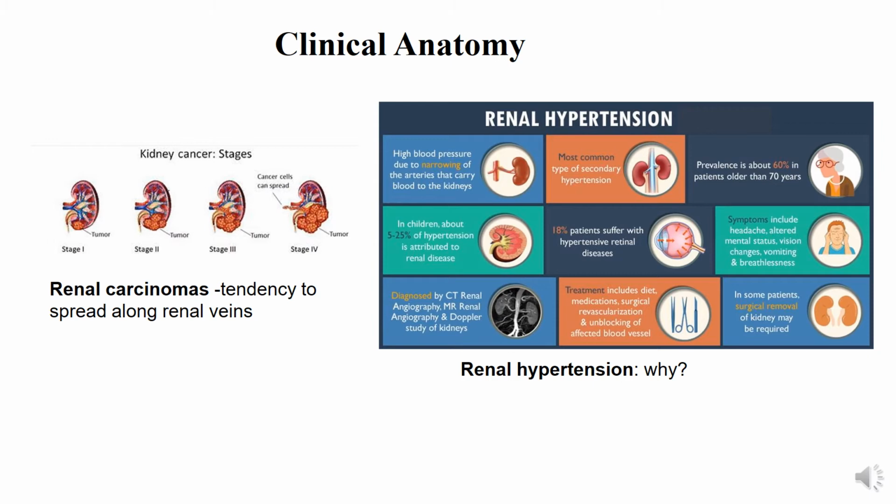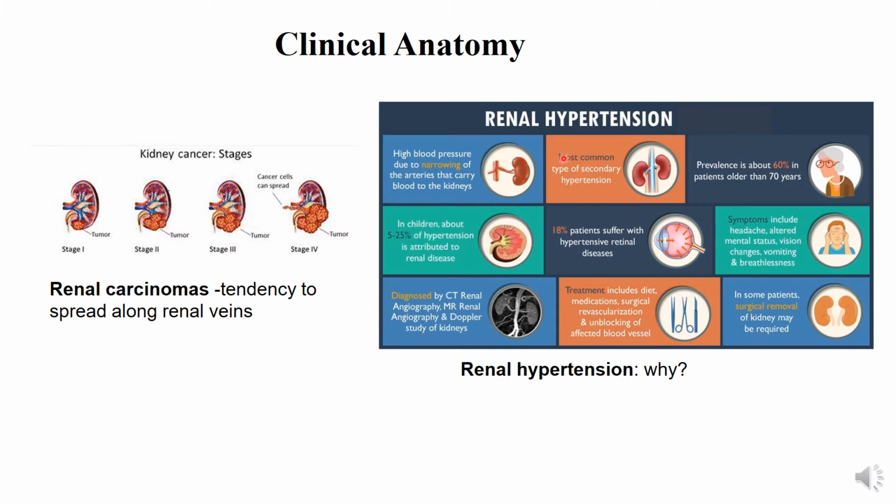The other thing that I want you to know here is renal hypertension, and this is the high blood pressure resulting from the narrowing of the renal arteries. So the main cause of renal hypertension is the narrowing of the renal arteries, and this is the most common cause of secondary hypertension.